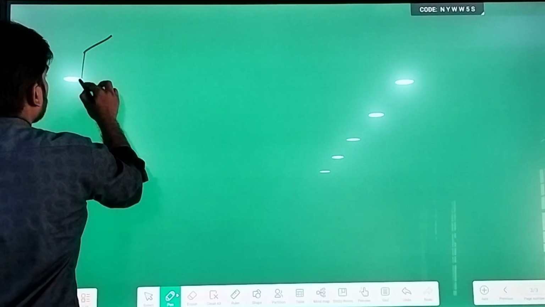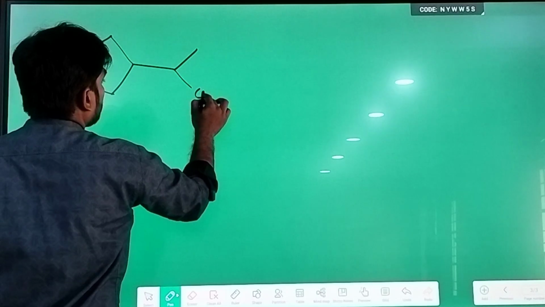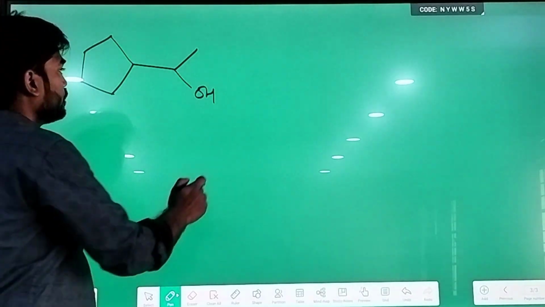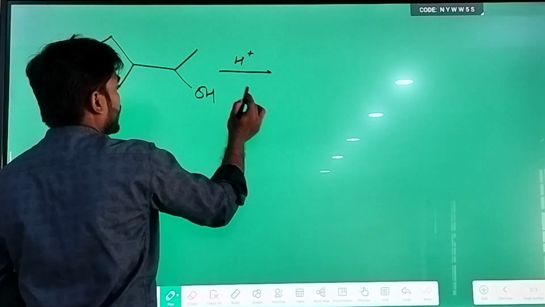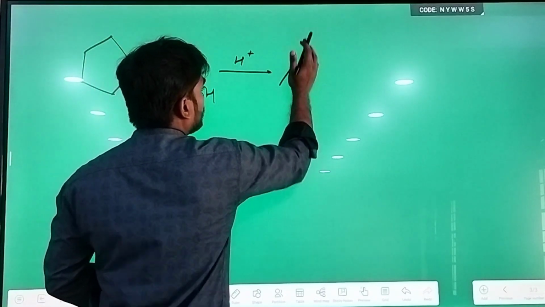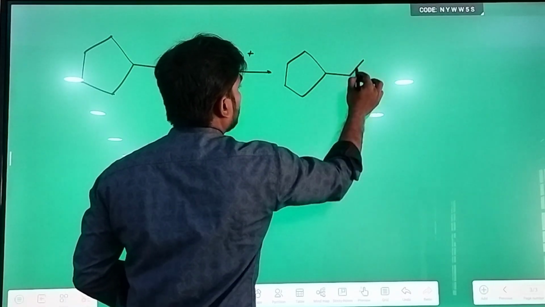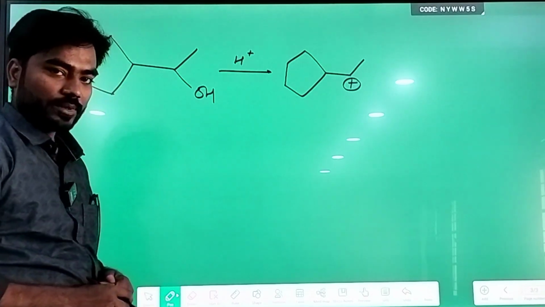Suppose I take this question. Suppose I have this alcohol and the same process is going on, H plus comes and attacks here. What will happen? Just see. We are going to see a carbocation here. Now what will happen?